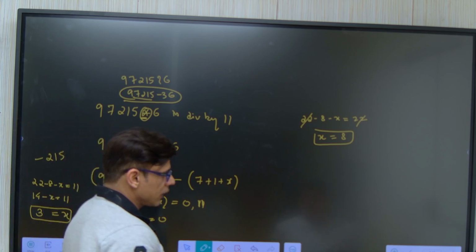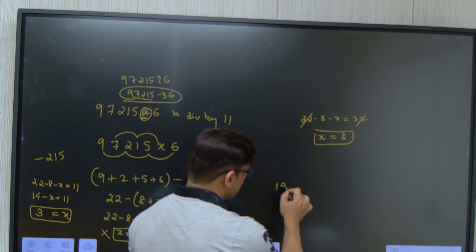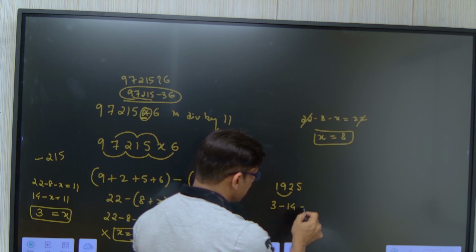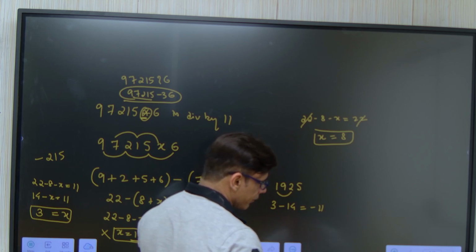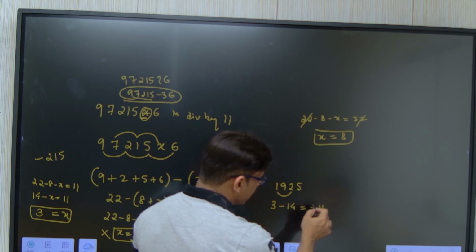So Siddle, what you were asking is, suppose you are doing something, right? Let's say we have 1, 9, 2, 5, right? If I add 1 plus 2, which is 3, minus 9 plus 5, 14. This is minus 11, right? Now, if it is minus 11, you can ignore the negative sign.